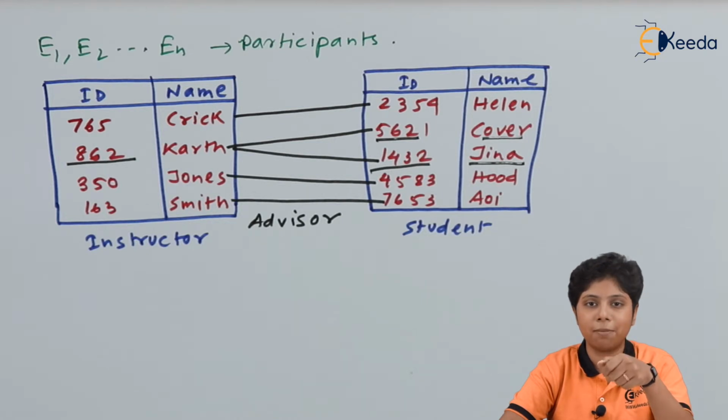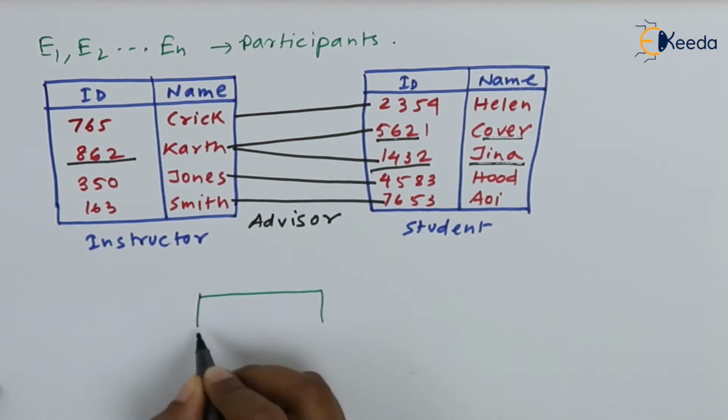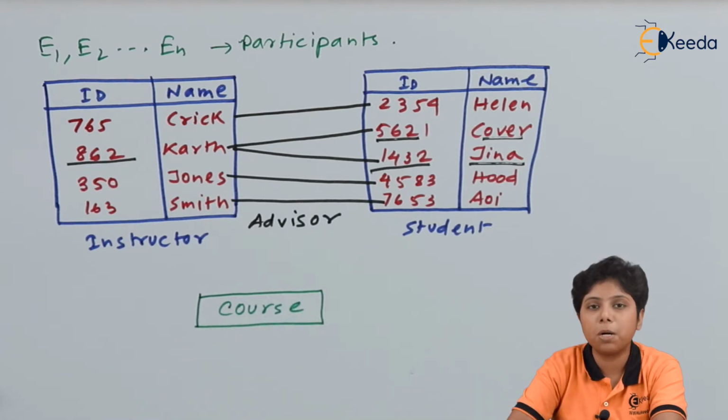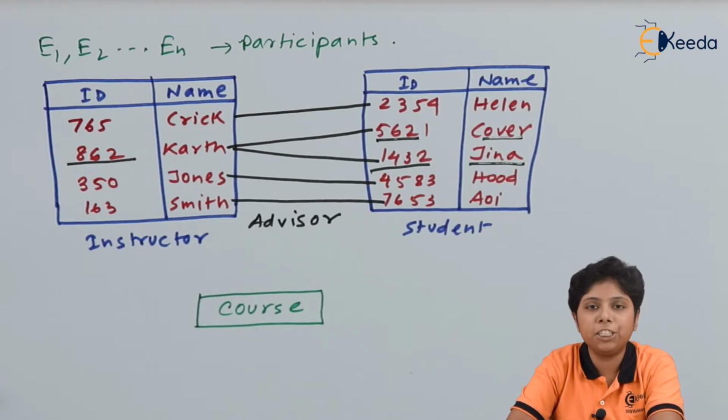Let us look at an example. Say we are talking about the course relation or entity. Now here in the course entity, the constraint is that one student can be attached to one course if he has some prerequisite course. Now we will add it to the student table first.